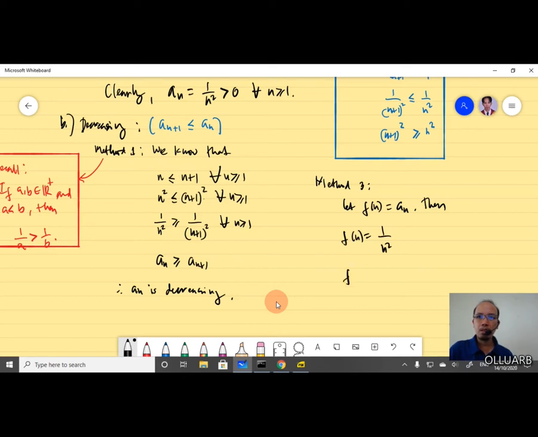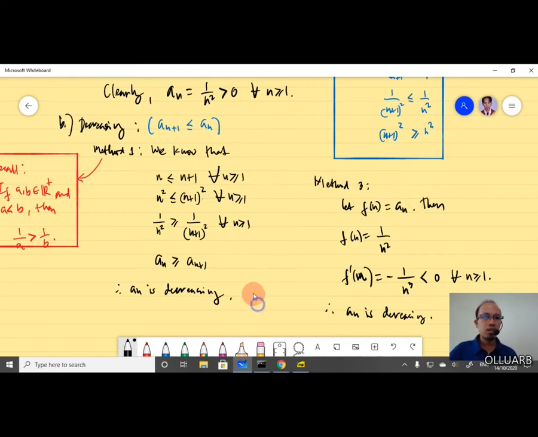If you take the derivative with respect to n, this is negative 1 over n cubed, and this is clearly less than 0 for all n greater than or equal to 1. Therefore, a sub n is decreasing. This is much easier than the first method, so that's how you are going to choose one of these.